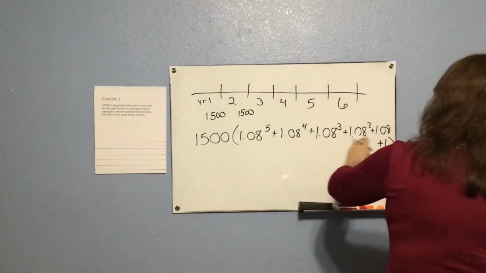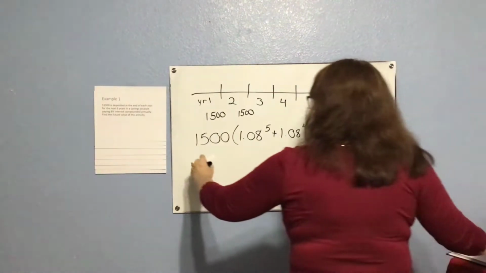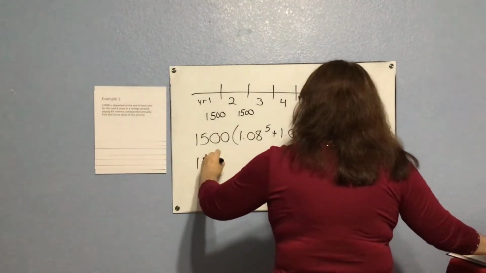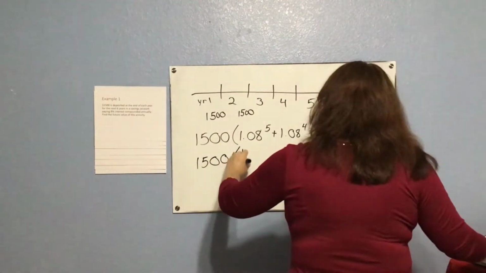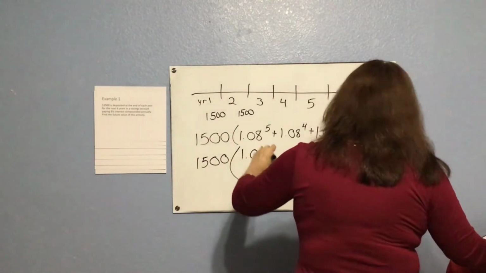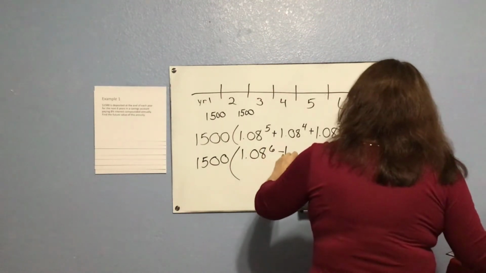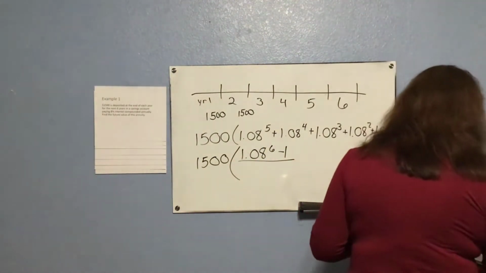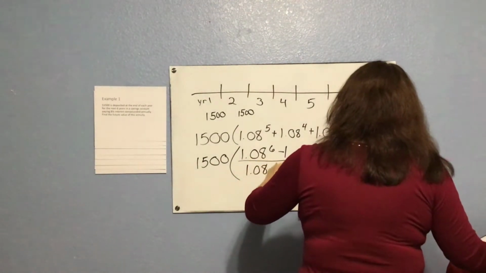If I'm adding up all of these powers of 1.08, I could write that as the fraction 1.08 to the 6th minus 1 over 1.08 minus 1.